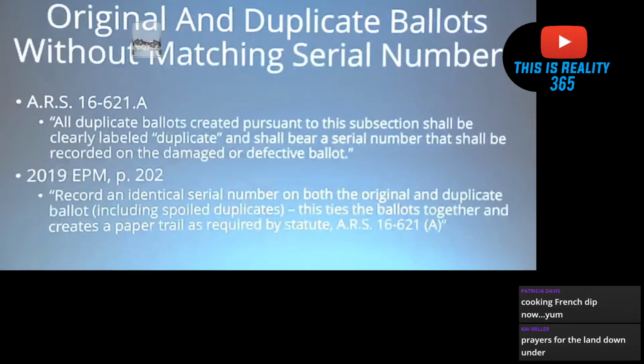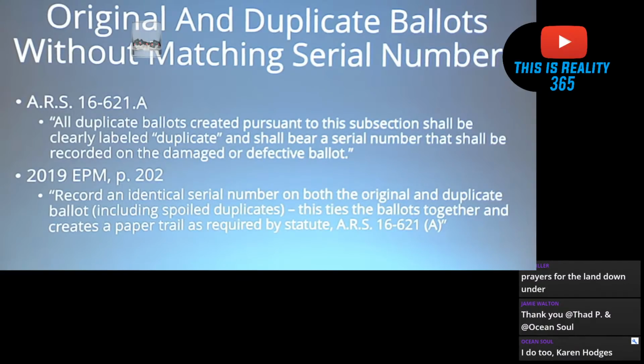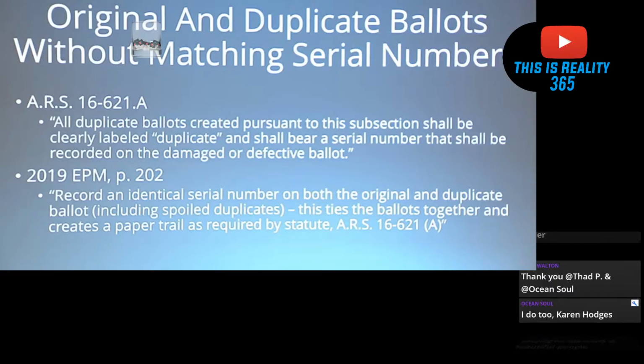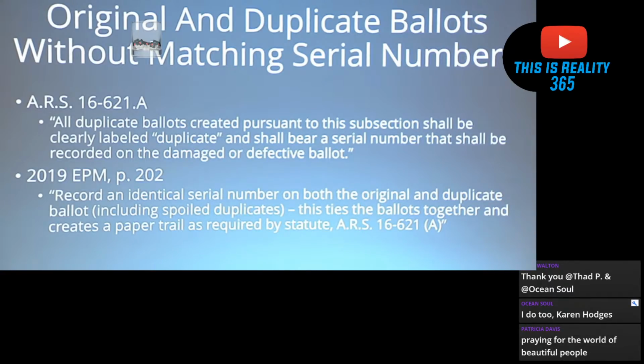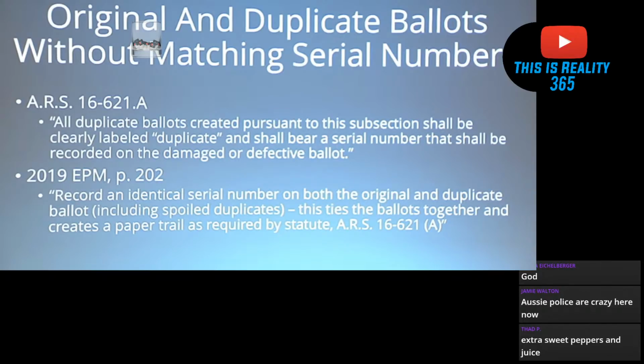Next slide. I hope you're seeing it, because I'm not seeing it: original and duplicate ballots without matching serial numbers. ARS 16-621(A) is very specific that all duplicate ballots created pursuant to this subsection shall be clearly labeled duplicate, and bear a serial number that's recorded on the damaged or defective ballot, and the EPM says something very similar and gives one of the reasons, which is to tie the ballots together.